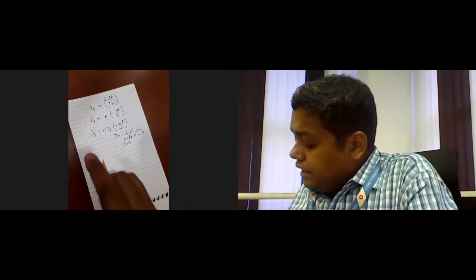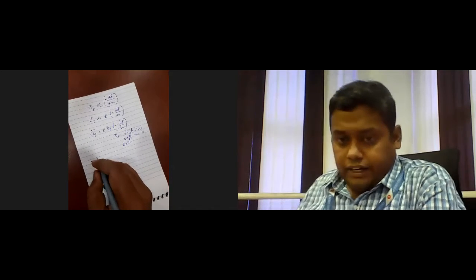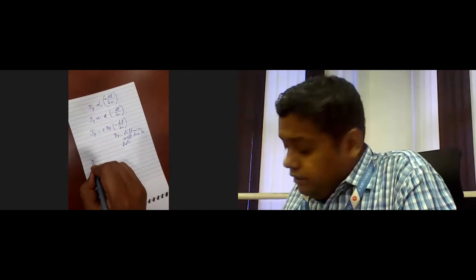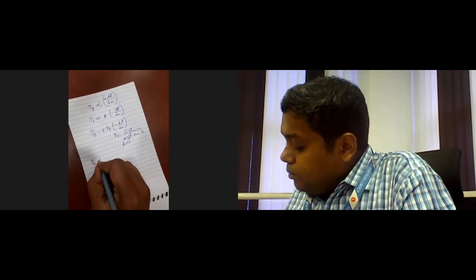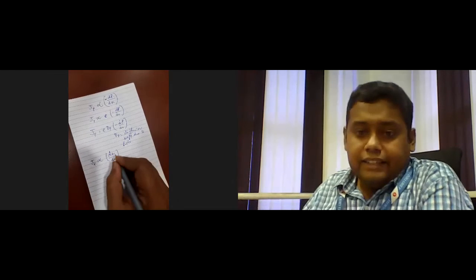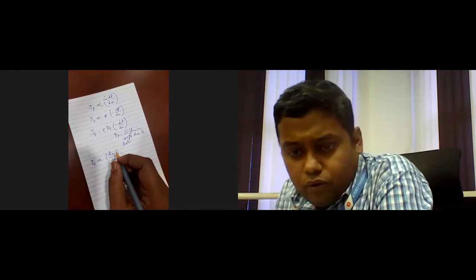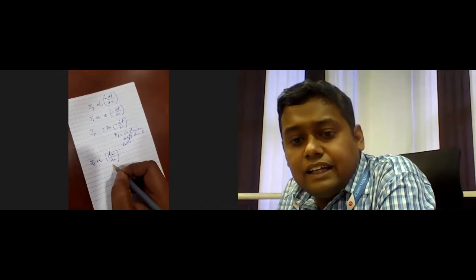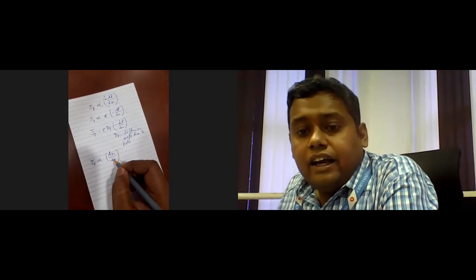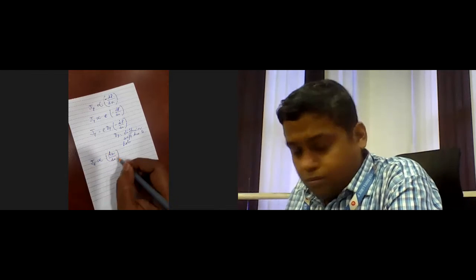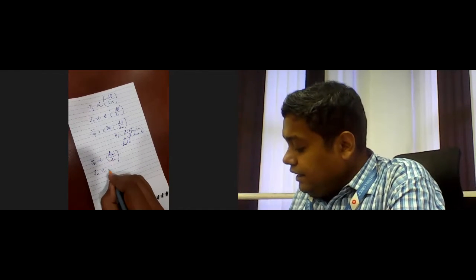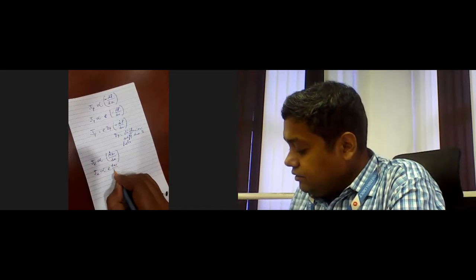Similarly, the diffusion current density due to the electron, Je, is directly proportional to dn by dx, where n is the concentration of the electron and dn by dx is the concentration gradient where the diffusion occurs.